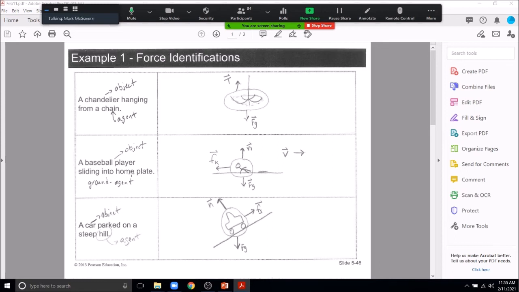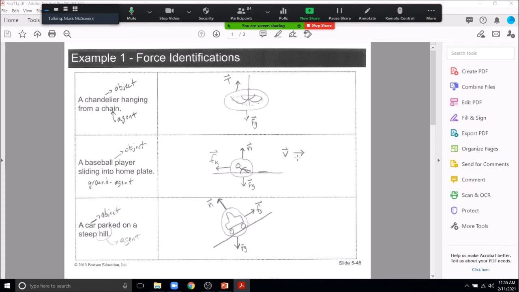Baseball player sliding into home plate. So the object is the baseball player, which I've drawn. I draw a circle around that person, and the only thing they're in contact with would be the ground. So I have the ground drawn here. Now I'm showing a velocity vector.